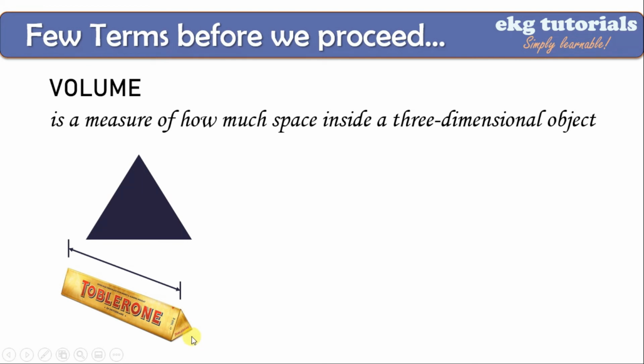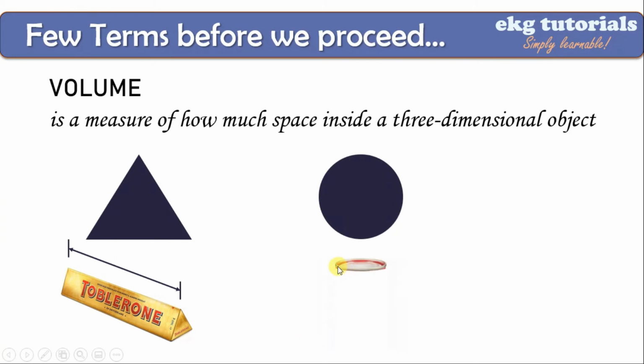Another thing is for a circle, for example. Marami tayong objects na sa ibabaw nakikita natin merong circular na shape. Pero pag nilagyan na natin yan ng thickness or height, which is the third dimension, then you can now have this, for example, sardine can. So here, this has now what we call a volume. Basically, pag sinabing volume, pwede na nating sidlan yung isang bagay, because there is a space inside these objects.